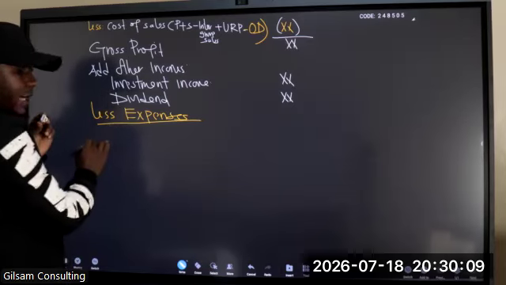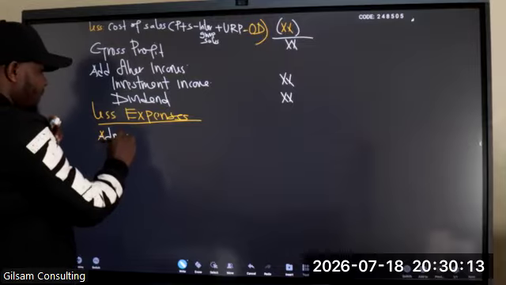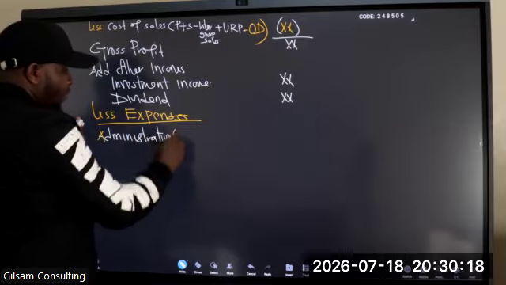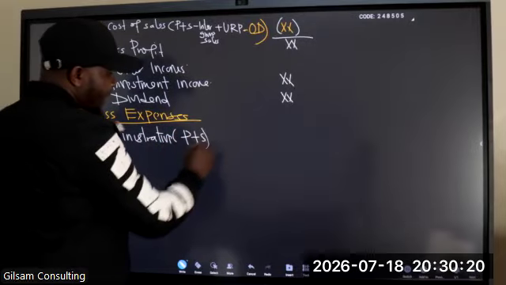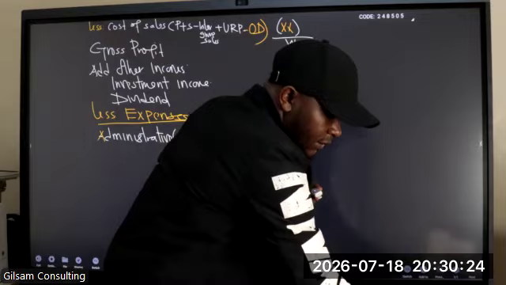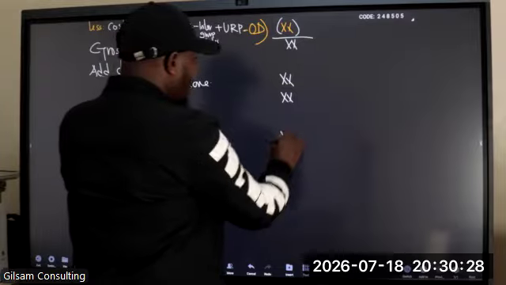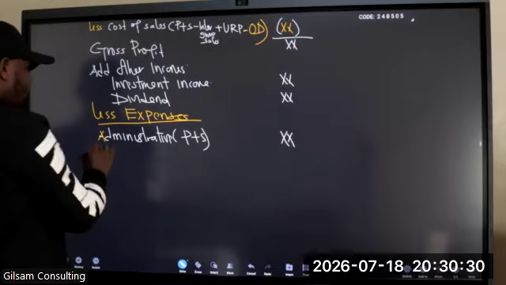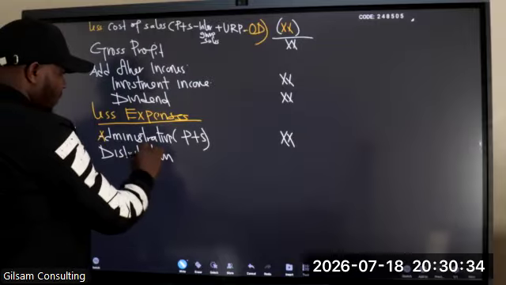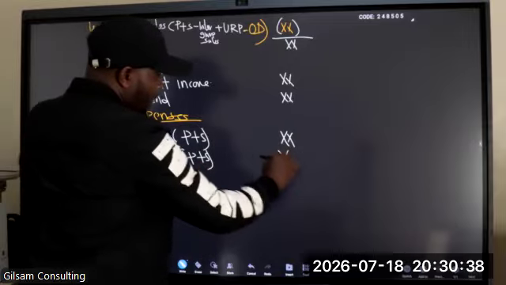We have the administrative expense, where you take the parent plus the subsidiary. That one also should be free. Distribution, parent plus the subsidiary.